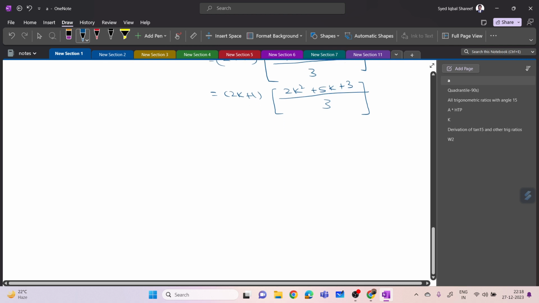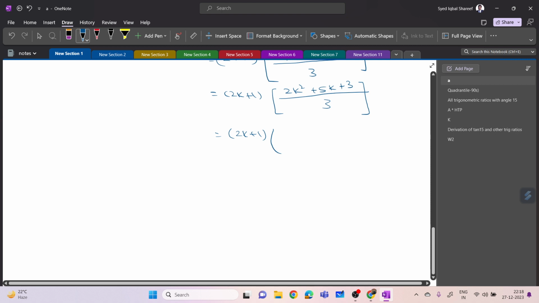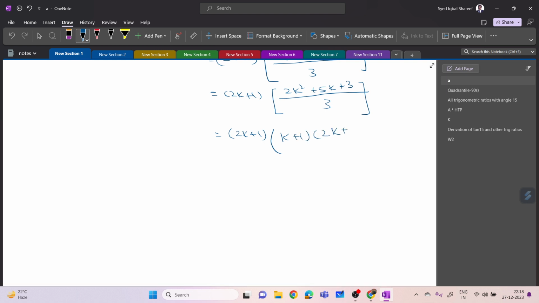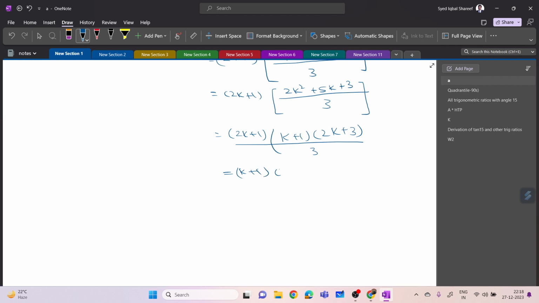Now see here, 2k plus 1, this one. If you make the factors, it will be k plus 1, 2k plus 3, all divided by 3. So this comes k plus 1 into 2k plus 1 into 2k plus 3 divided by 3.